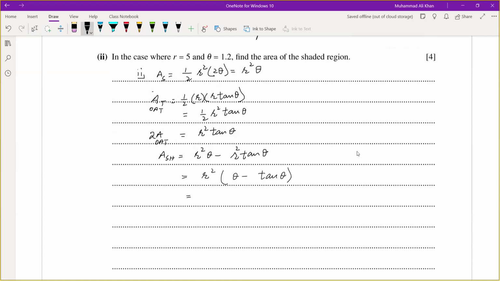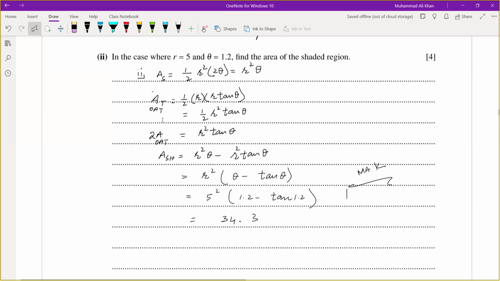At the place of r, replace it with 5 and theta by 1.2, calculate it in radians, and find the final answer. So the final answer is 34.3, the area of the shaded portion. Hopefully it is clear.